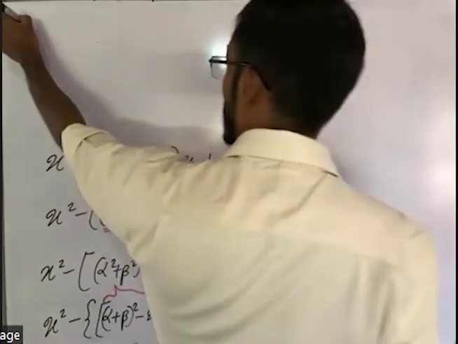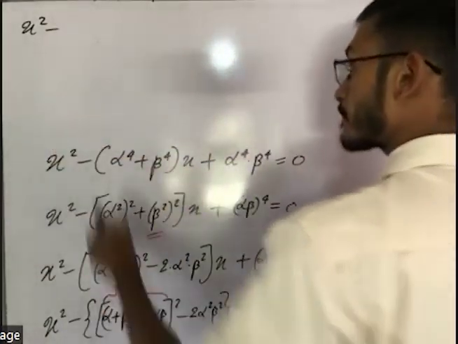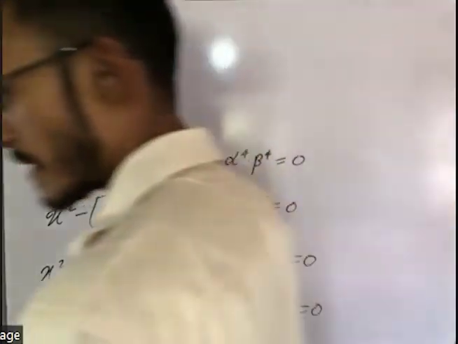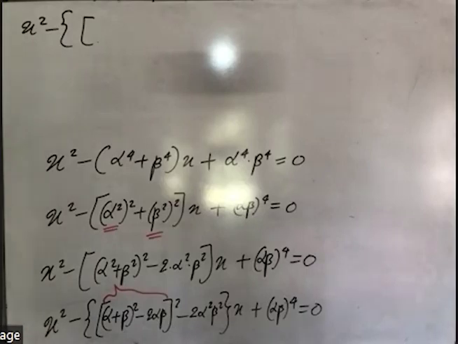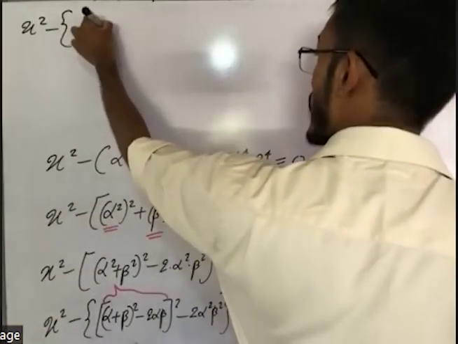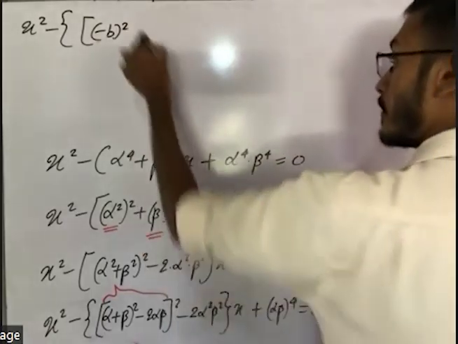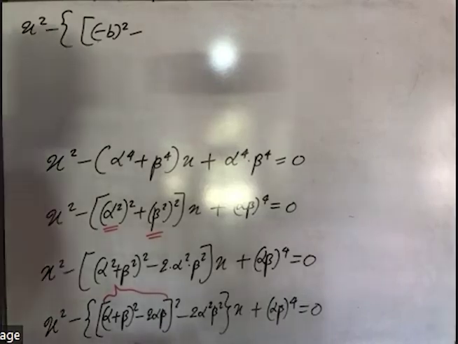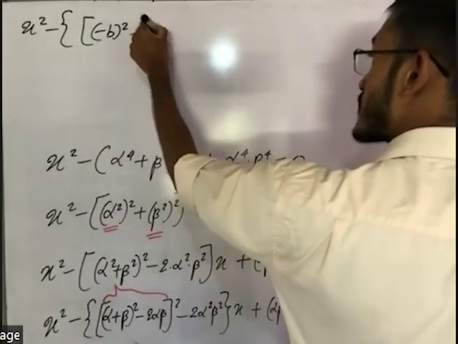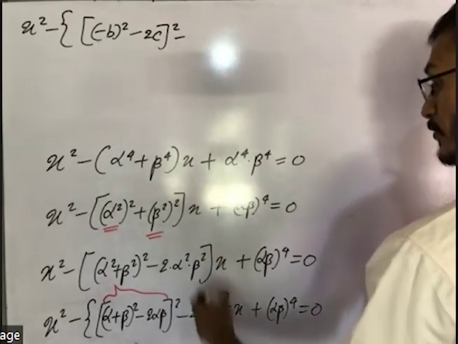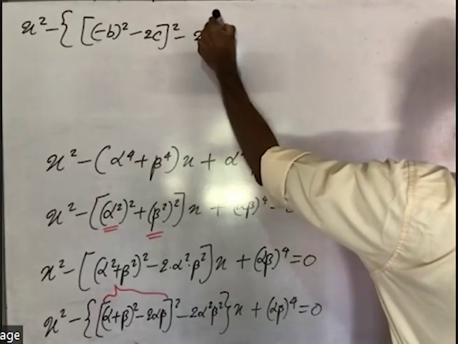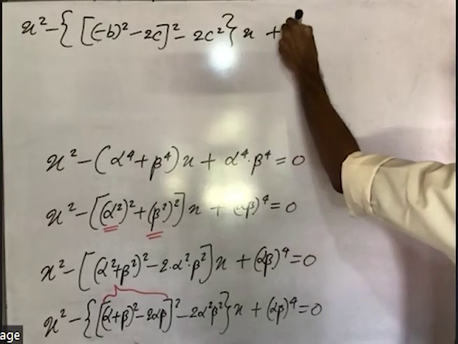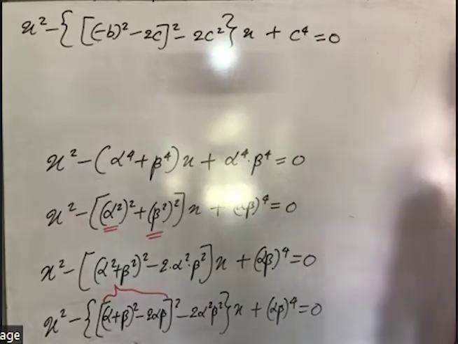Now look at this: x square minus, inside the brackets, alpha plus beta. We know that alpha plus beta is equal to minus b, so minus b square minus 2 alpha beta. We know that alpha beta is equal to c, so here we have 2c, square of the whole thing, minus 2 alpha square beta square, that means minus 2c square, into x plus alpha beta to the power 4, which means c to the power 4, equal to 0.